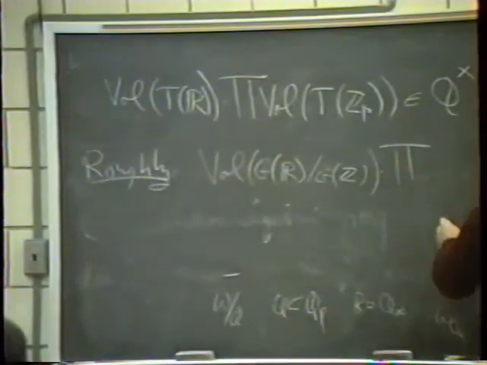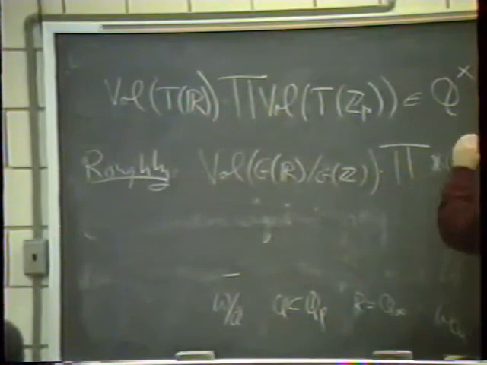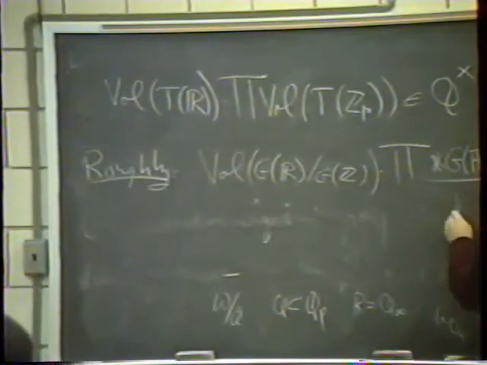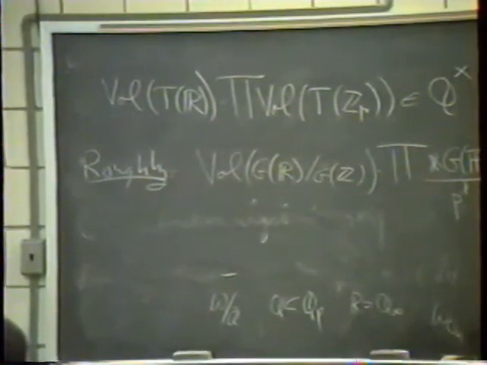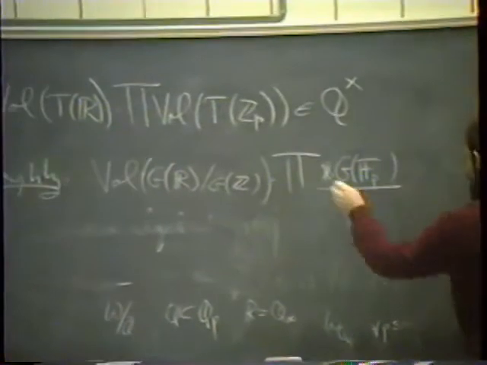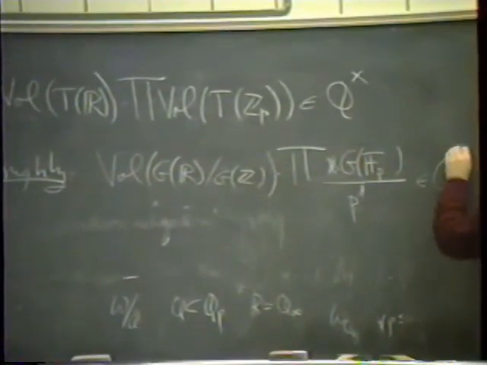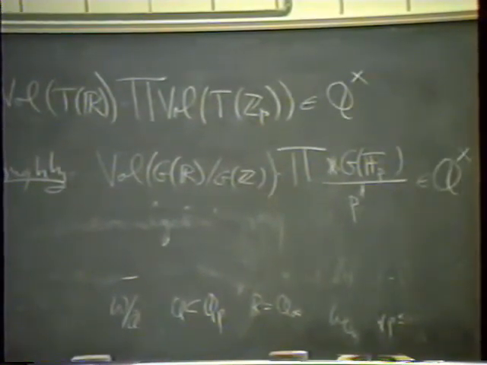Namely, this volume is the number of points of G with values in the finite field divided by p to the d, where d is the dimension of G. This expression here, roughly speaking, is a rational number.